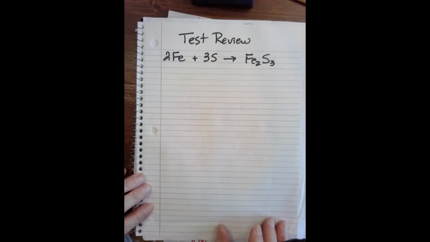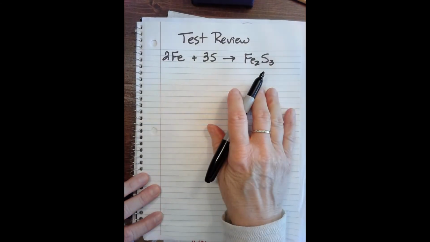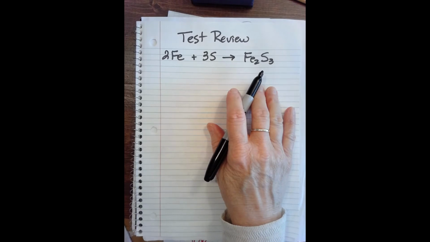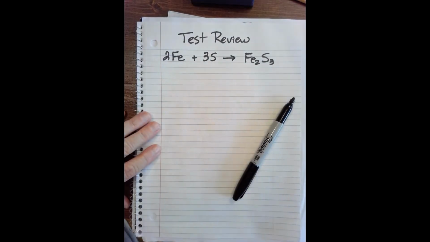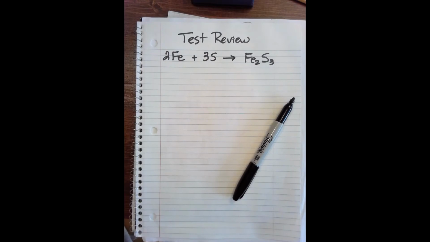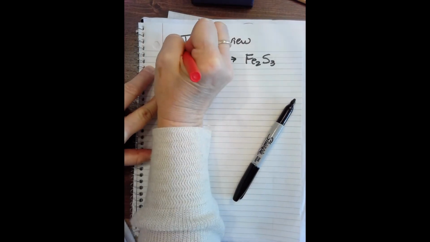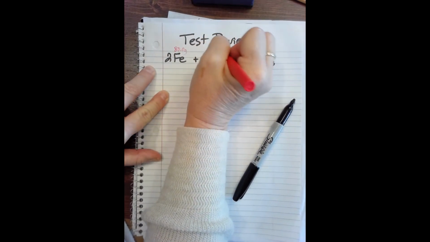All right, so the question that we had, this is already balanced. One of the things that you had to do was balance this equation, so I have already balanced that. Let's move on with the information that we were given, which is we had 80 grams of iron and 105 grams of sulfur.